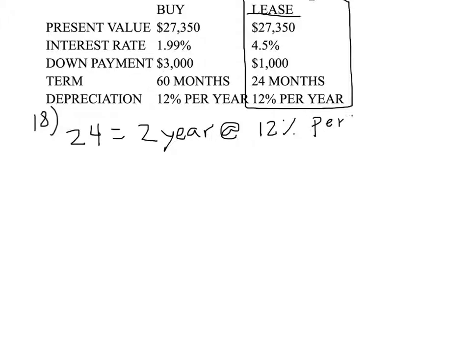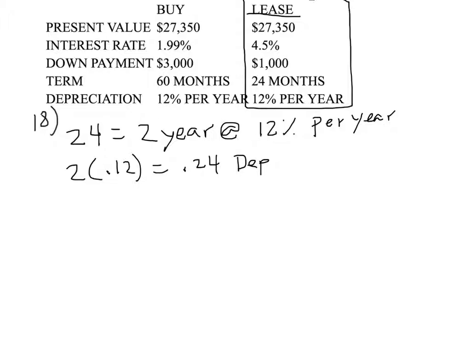So just like we did on the last problem, we need to figure out the value of the car after 2 years. So we're going to take the 2 years, multiply it by the decimal 0.12, because that's 12% as a decimal, and you get 0.24. That's how much the car depreciated by. So the car depreciated by 24%.